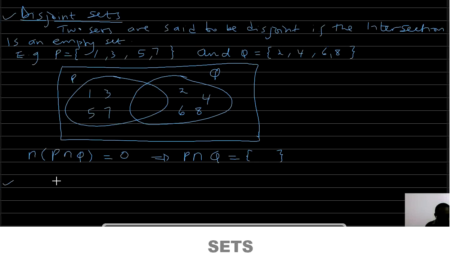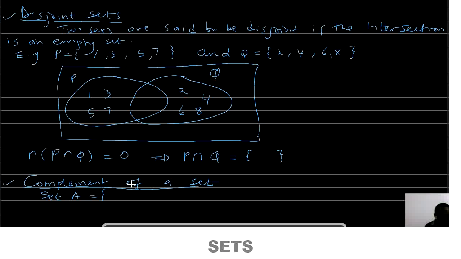The next terminology, we have complement of a set. If we have two sets in such a way that set A has some elements which do not exist in set B, then those elements which do not exist in set B are a complement of set B. Here I have an example to illustrate what I'm saying.